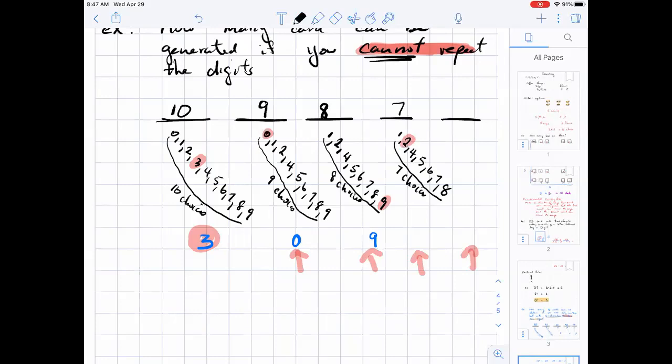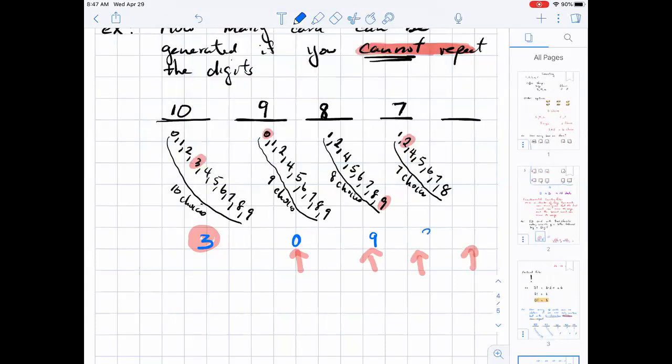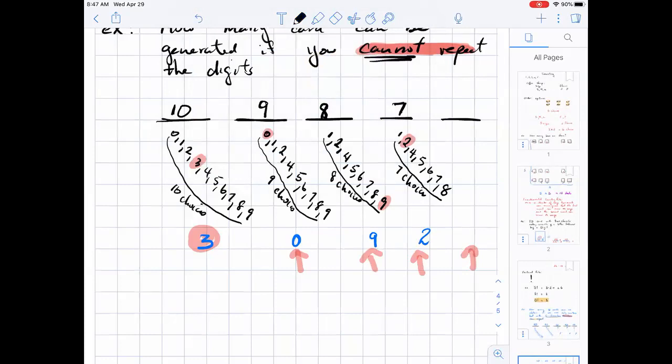So we had 7 choices here, and the number we selected here is 2. Then the next time around we will only have 6 choices. 0 is gone, so we have 1 left. 2 is gone, we picked 3 already. So we have 4, 5, 6, 7, and 8, because we used 9 already. So we should only have 6 choices.